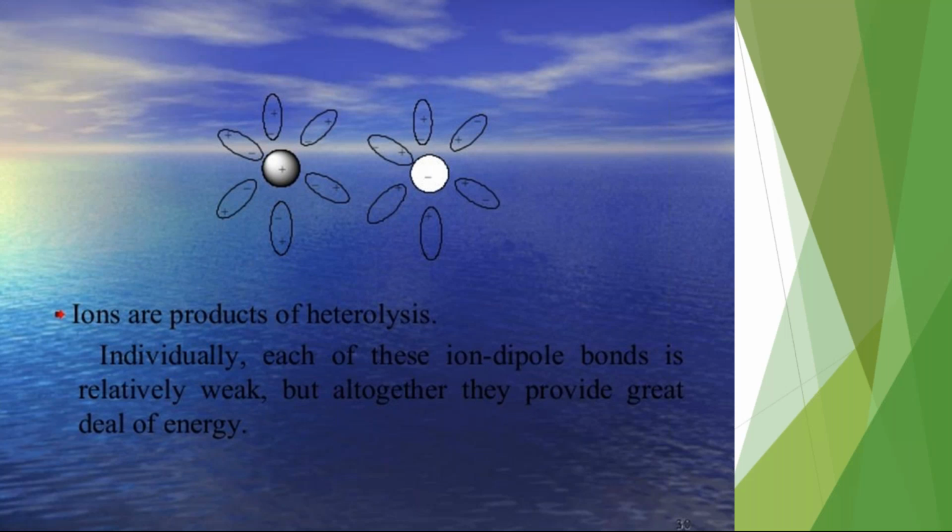So when the bond is broken unsymmetrically, the products obtained are ions, that is, charged particles. So individually, each of these ion dipole bonds is relatively weak, but altogether they provide a great deal of energy.